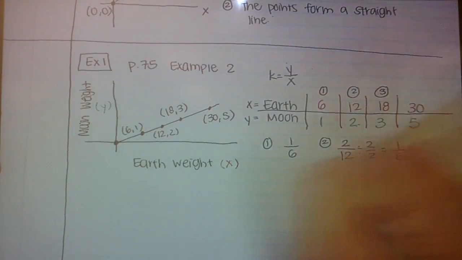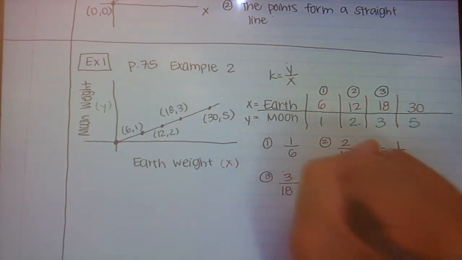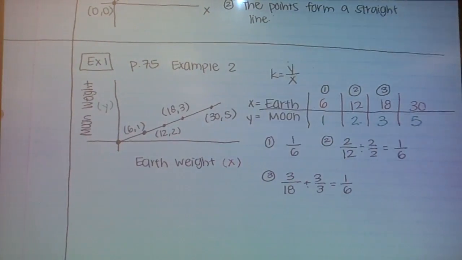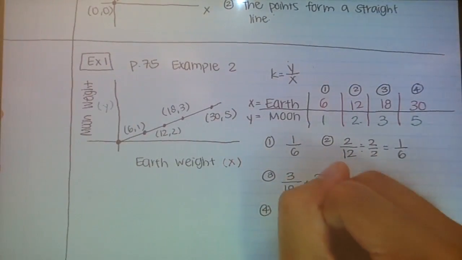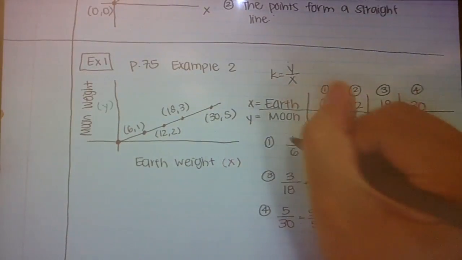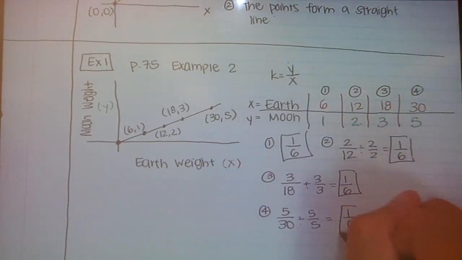And 3, I have 3 over 18, I can divide by 3 to give me 1/6. And the last one, I have 5 over 30, they're both divisible by 5 to get 1/6. So I have 1/6, 1/6, 1/6, and 1/6.